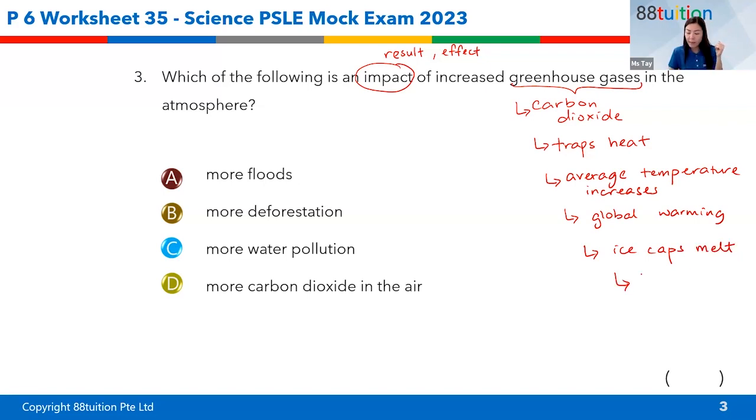Then the ice caps will melt. When ice caps melt, there's actually a lot of water in the sea. Increase in the sea level, or a rise in the sea level, extra water flows to the land and leads to flooding. All right. So the answer is A. Very good. Now y'all can get it.